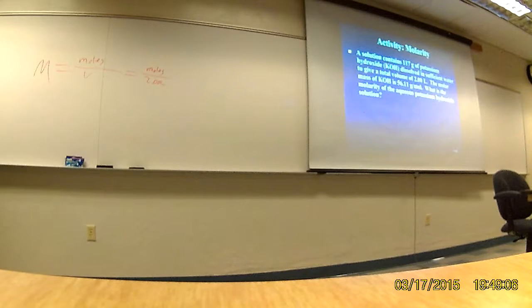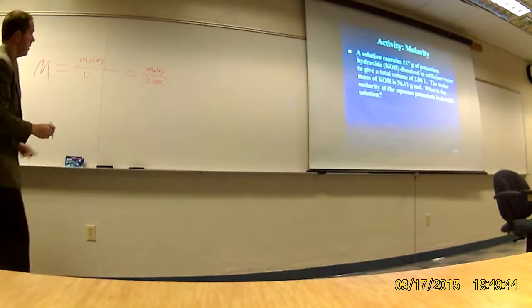So let's do that over here. We have 117 grams of KOH, and it tells us that 56.11 grams KOH equals 1 mole KOH. And so what does that come out to be? 2.085 moles KOH.